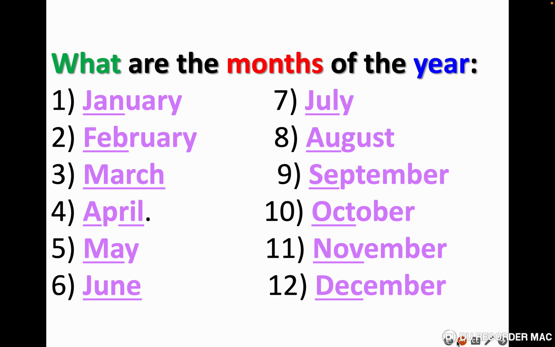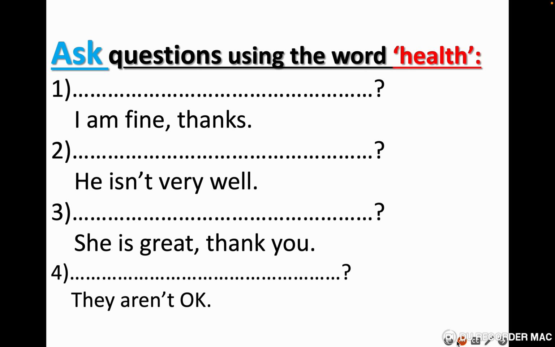The tenth is October. The eleventh is November. And the last, the twelfth month of the year, is December. Let's practice them and learn them by heart. If you're finished, you can go to the next slide.